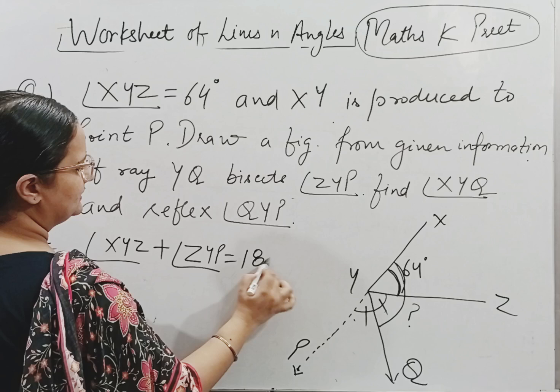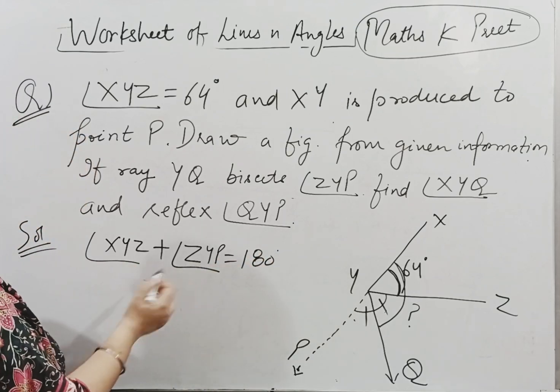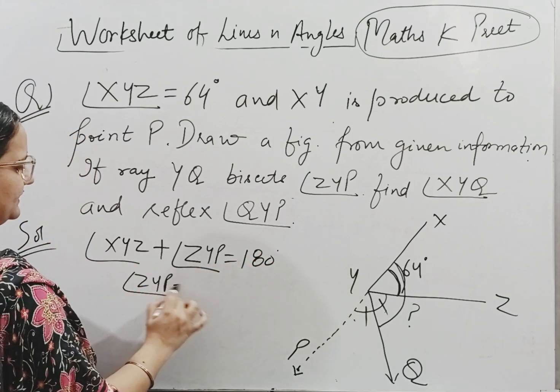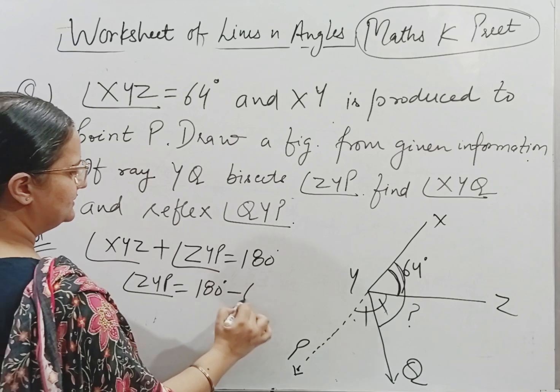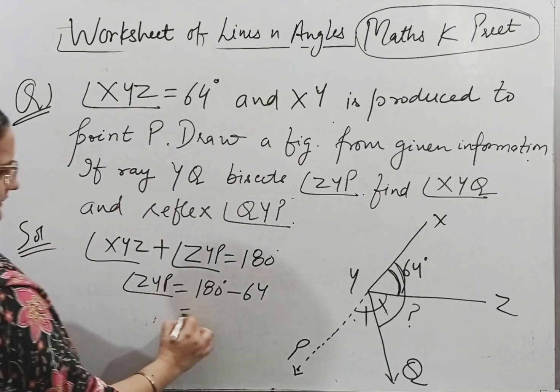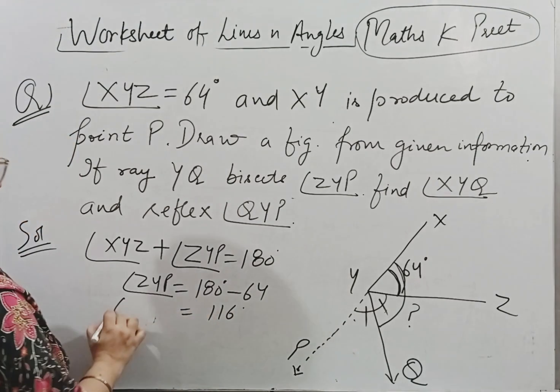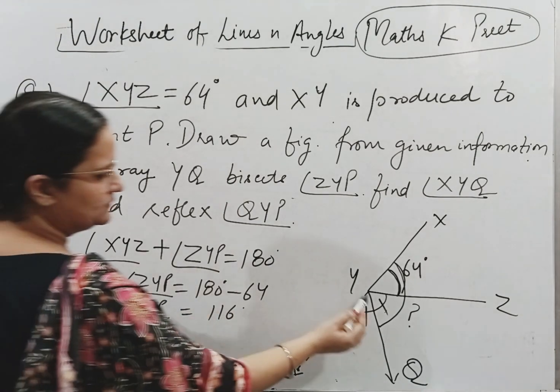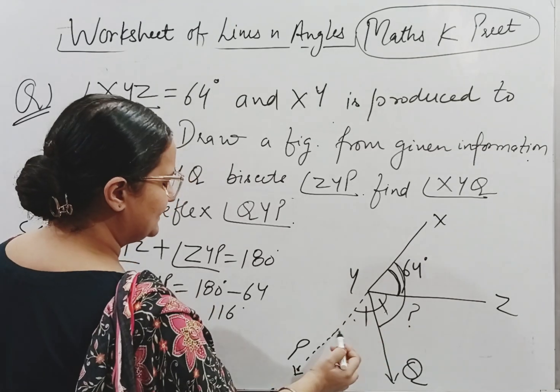This is of 180 degrees. From here XYZ we know, so we can calculate ZYP as 180 degrees minus 64. So this angle will be of measurement 116 degrees, ZYP.